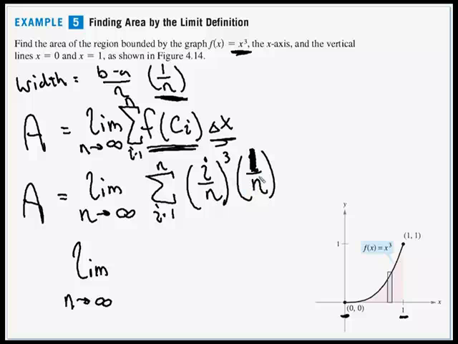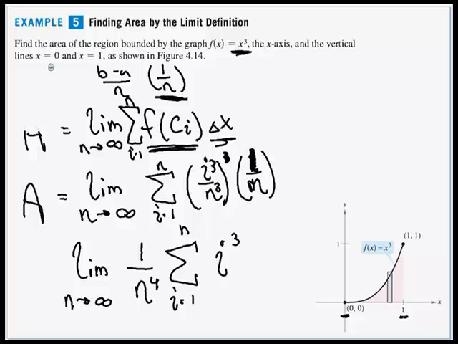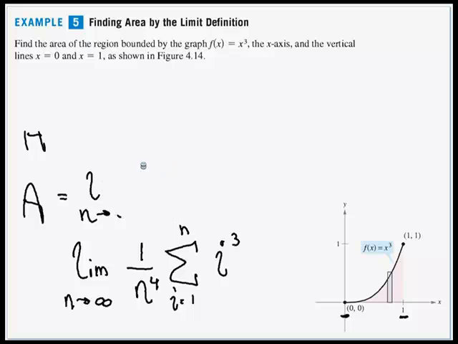So that's an n to the fourth. We can pull out a 1 over n to the fourth. So we've distributed this third power, and we've multiplied our n times n to the third. Now all we're left with is the summation from i equals 1 to n of i to the third power. And that's something we do have a formula for.